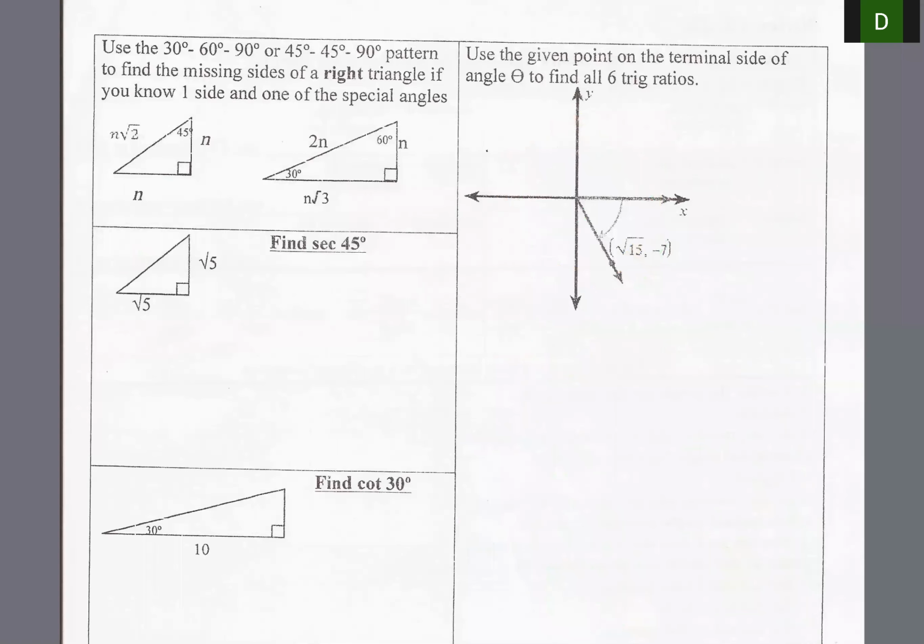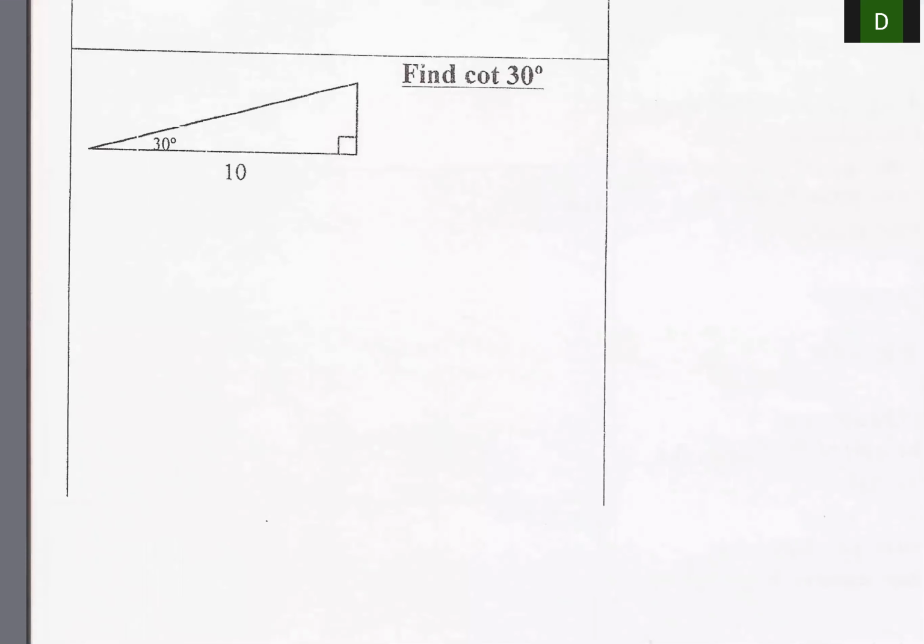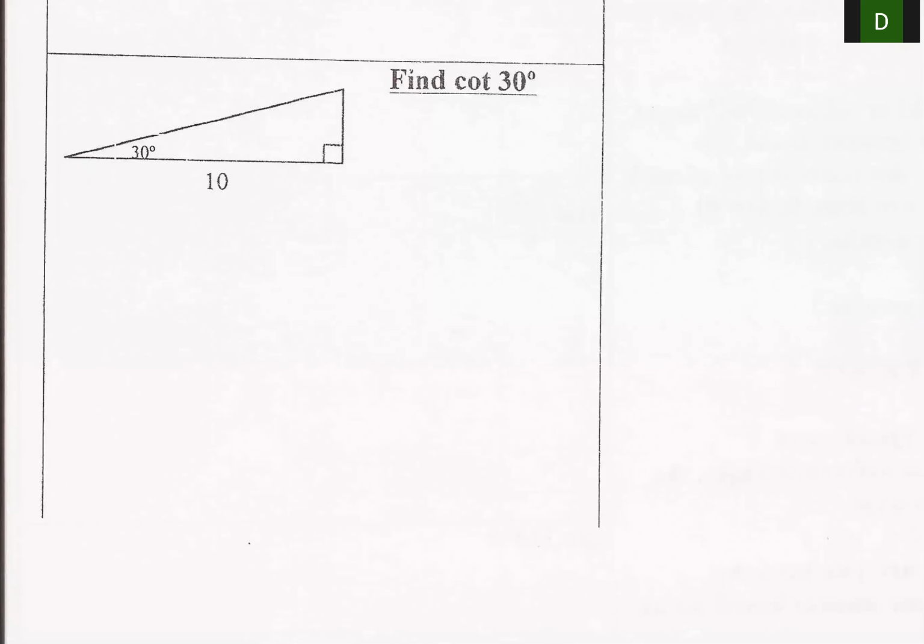Okay, so we're going to keep going to cotangent of 30. So this one's interesting because normally you need 2 sides to find the third side of a right triangle. But this one we only need 1 because this is a special right triangle. So for a special right triangle, you can use the relationship between the pairs of sides.